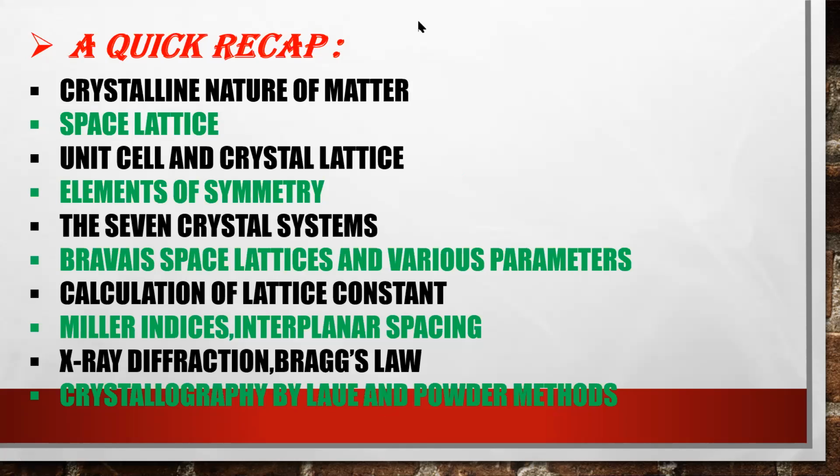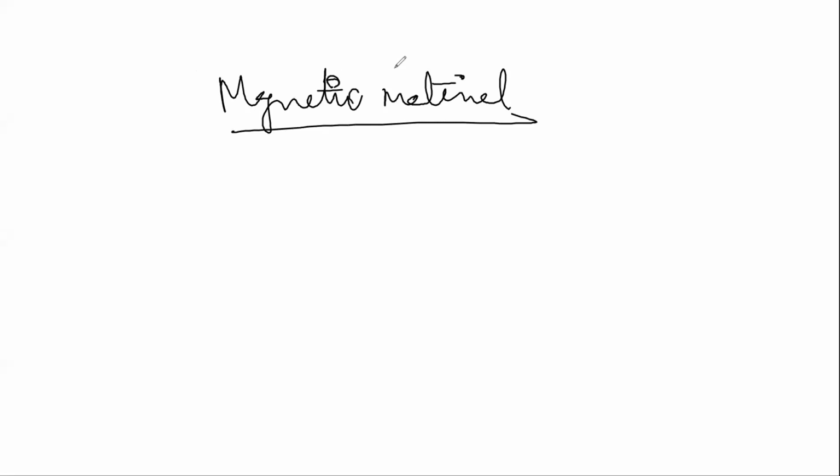That is magnetic materials. First let me take the whiteboard. Magnetic materials. So what is meant by a magnetic material? Magnetic materials are substances which are affected by another magnet.